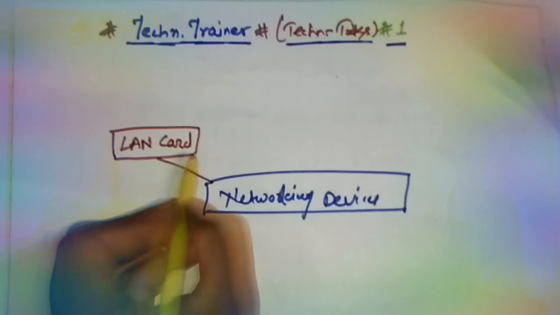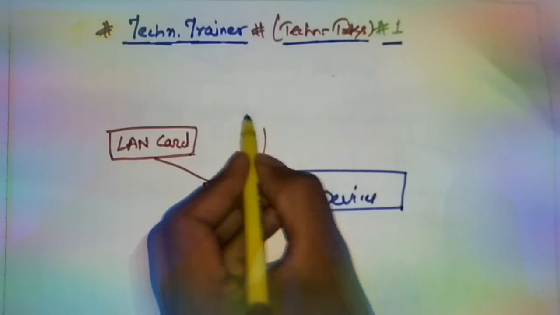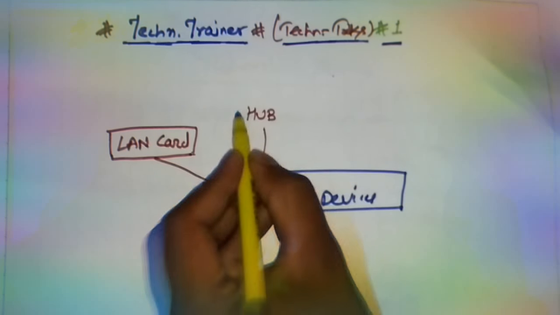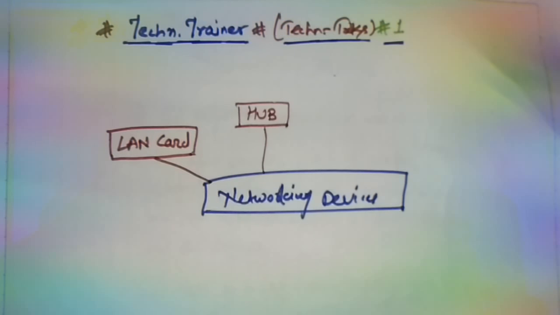With the help of this we communicate between the devices. The second one is a hub. It is also called a multi-port repeater that helps to connect multiple computer network devices.